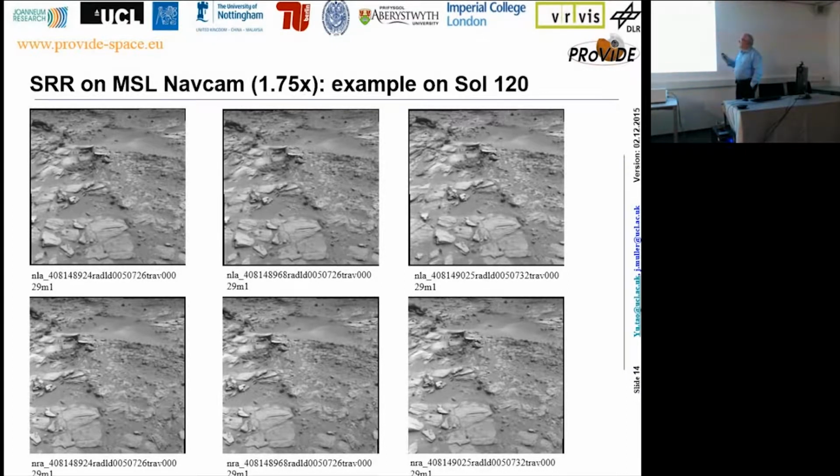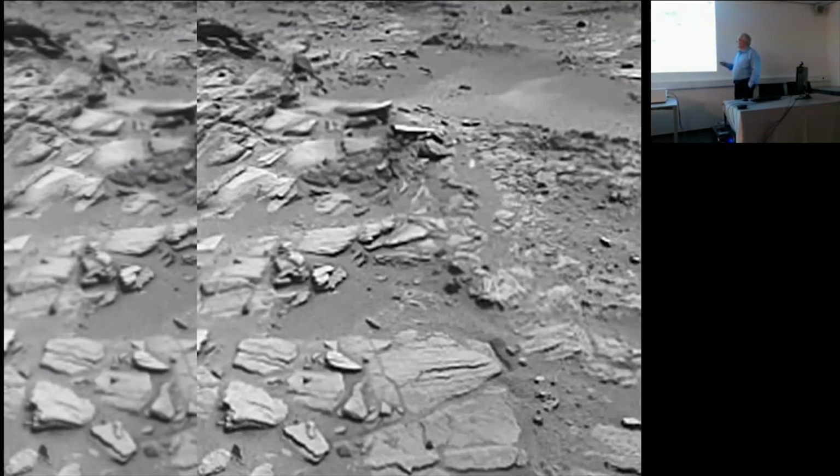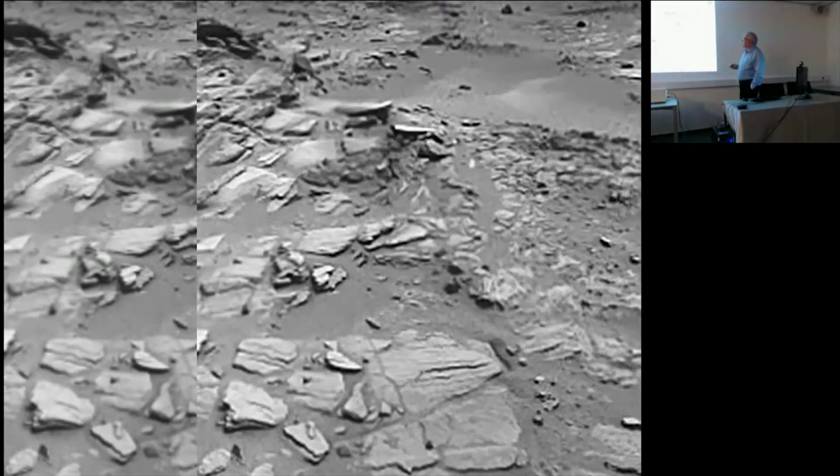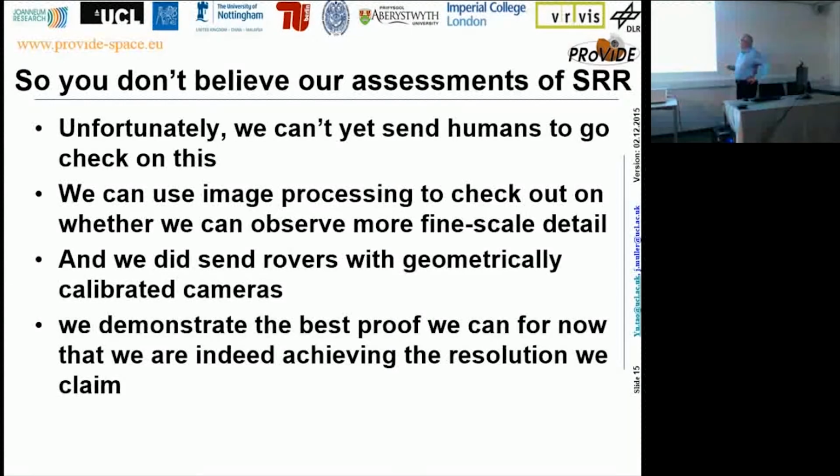So we've applied the same thing to the MSL Navcam data, and here you can see the result of the super res that's been applied to the Navcam. Obviously we can do this with PanCam, and we have lots of plans and ideas for how to do this with the HRC in particular, but also for the WAC, so we can get much higher resolution, at least by a factor of 1.75.